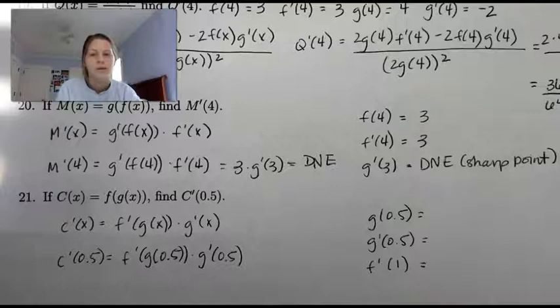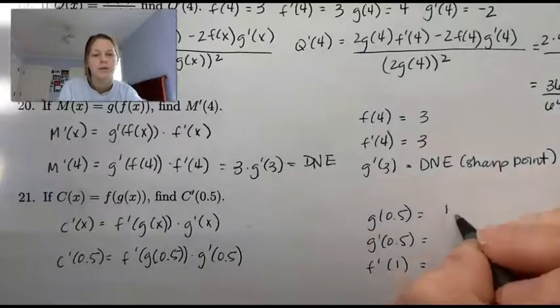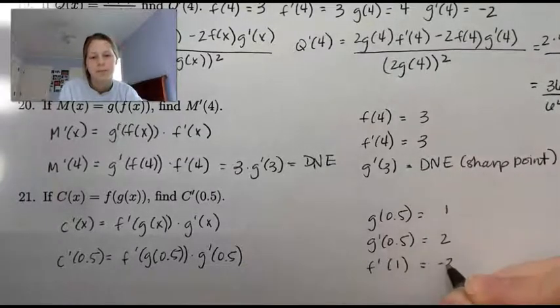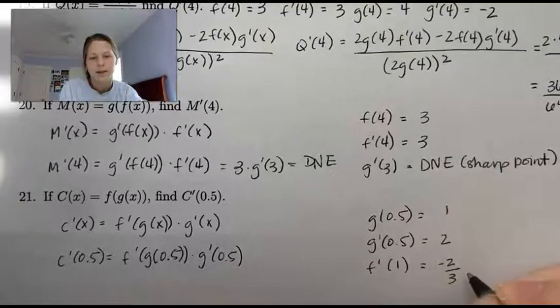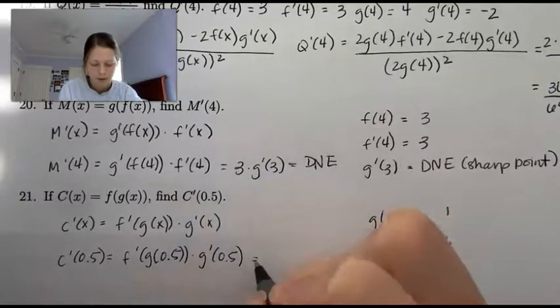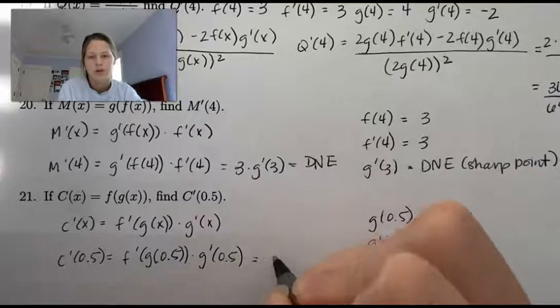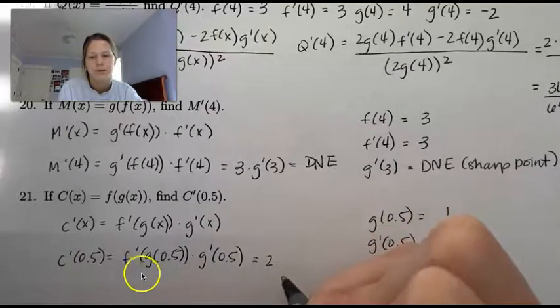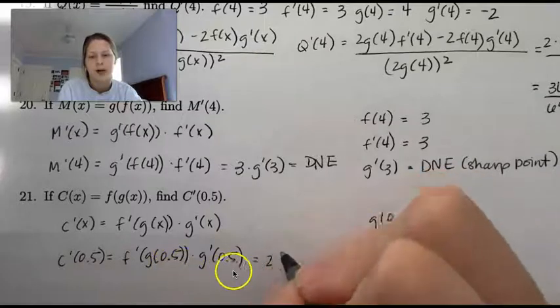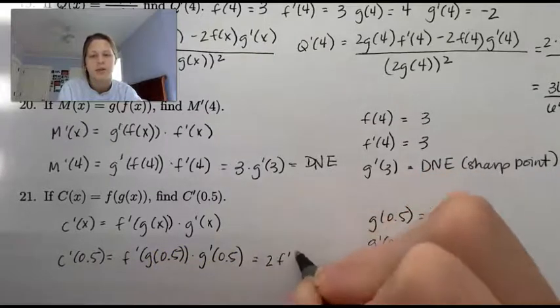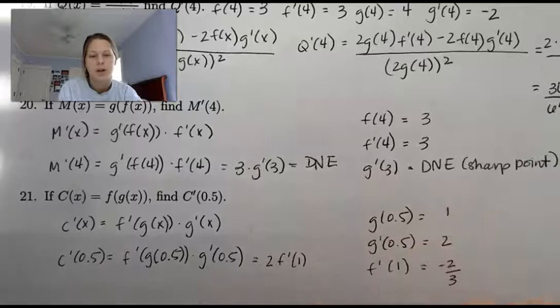So now that we've found those using the graph, we'll write them out so we can finish the problem. And then we'll plug these values in. And so first we'll find g of 0.5 and g prime of 0.5. And so we'll end up with 2 times f prime of 1.